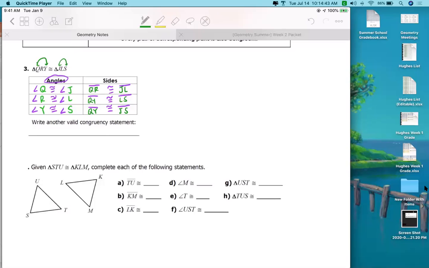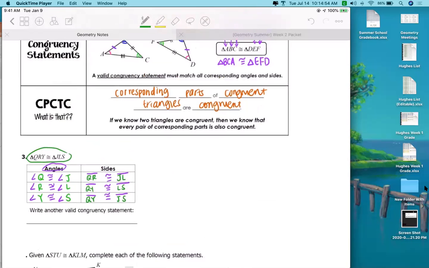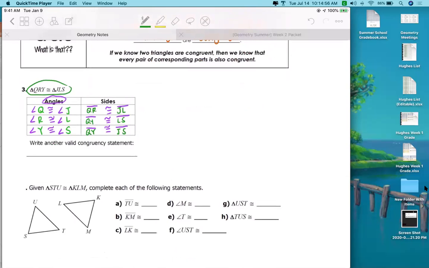To write your congruency statement, besides having it this way, they just want you to write it in another way, just like what we did up there. So you can just start with a triangle, and you can randomize your letters. Did I put QY?